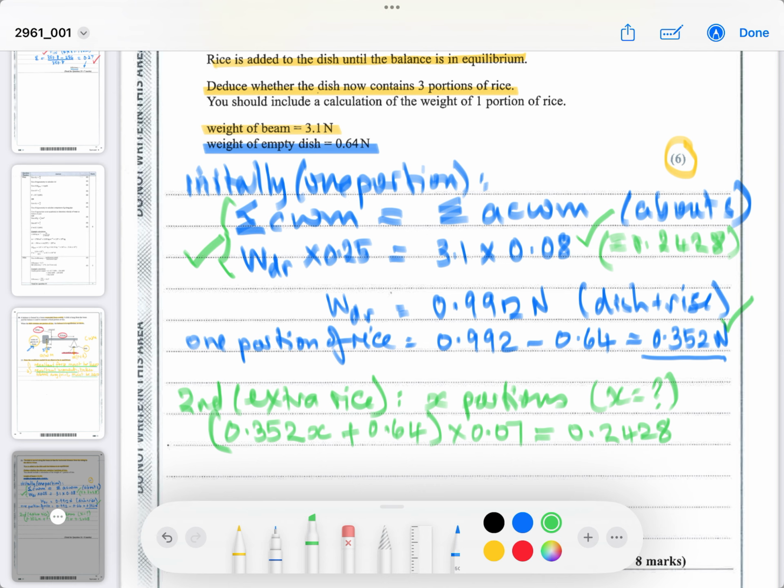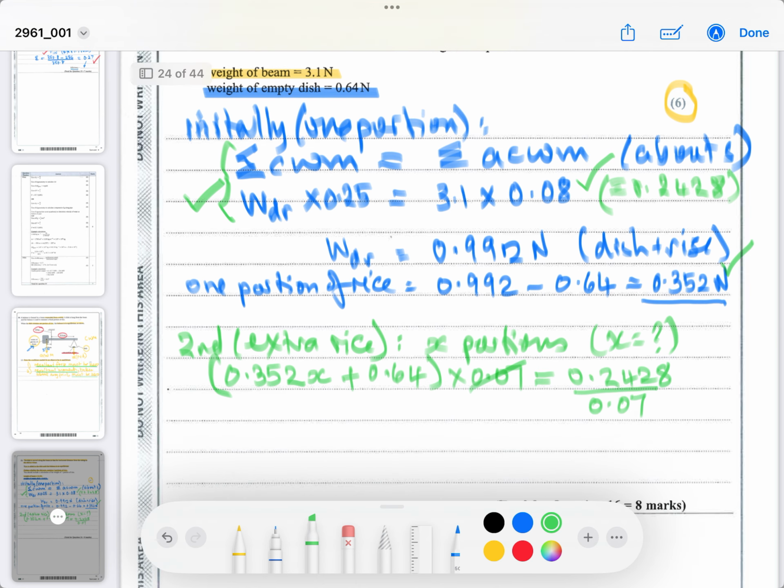So we can divide both sides by 0.07. Yeah, so we can do that. Yeah, and then we can then take away 0.64 from this side. So that what we're left with then is 0.352x equals whatever that is.